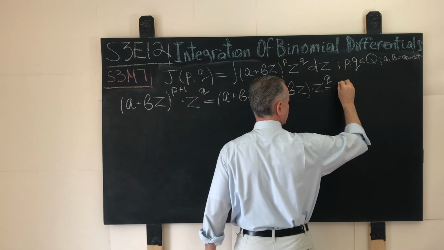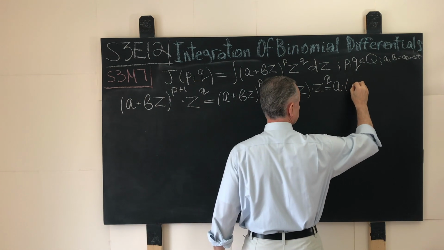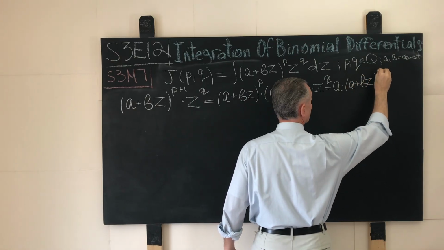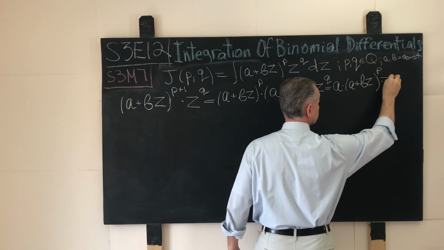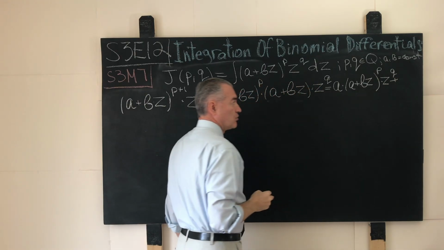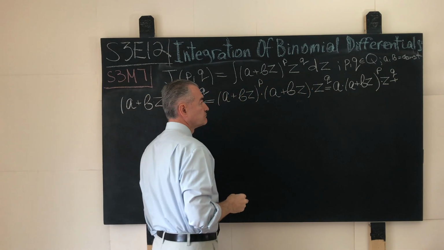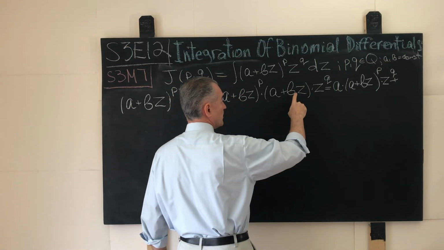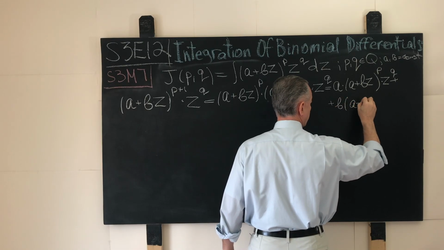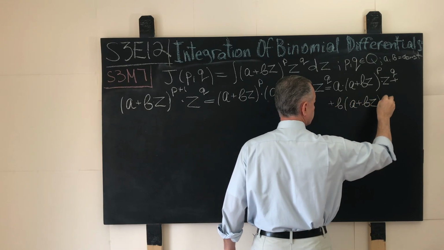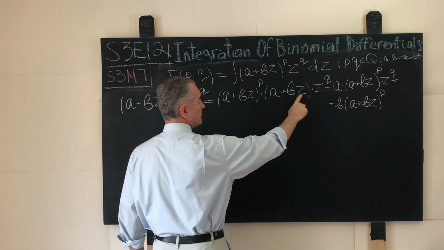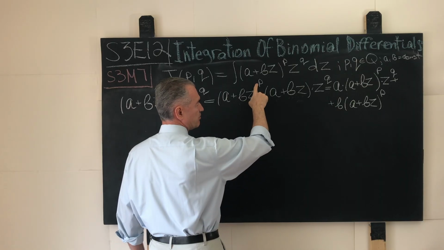We will have a times a plus b z raised to the power of p times z to the power of q, plus b times z times a plus b z raised to the power of p.